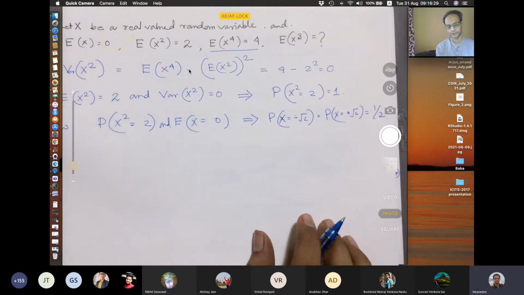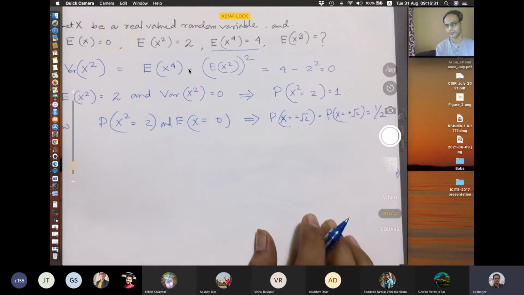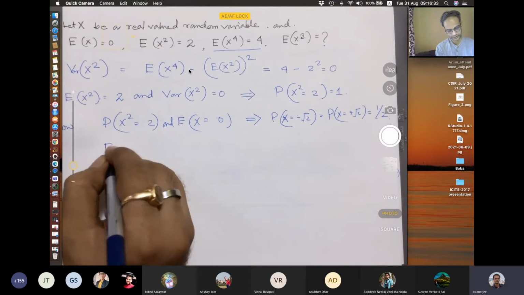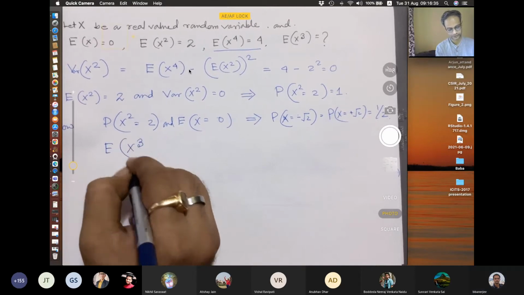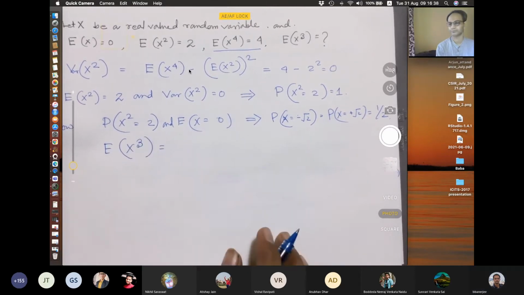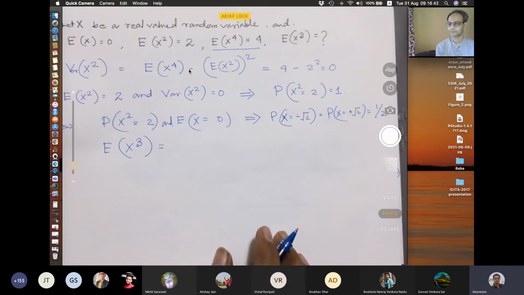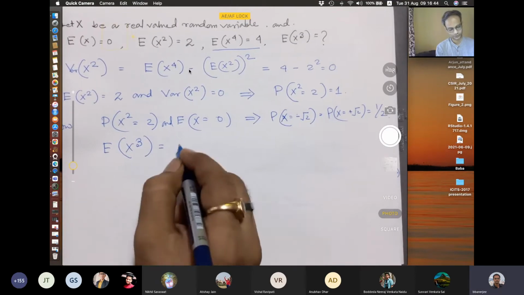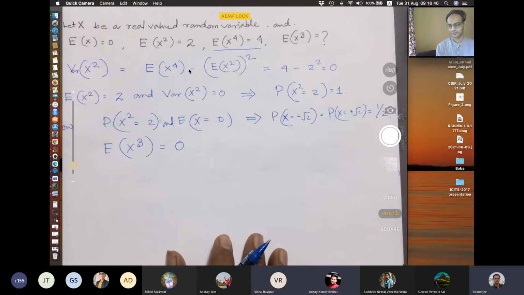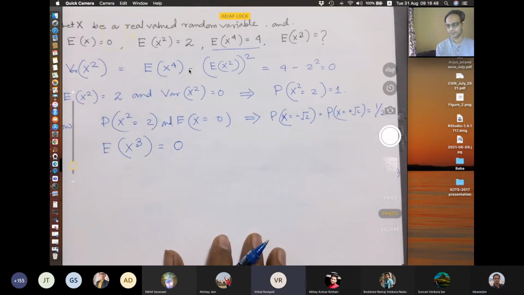Okay. Now the rest of the things are trivial. What is the expectation of it? What will be the answer? 0. So could we just say that since E of X is 0, it means that X is an odd function, the random variable is an odd function?